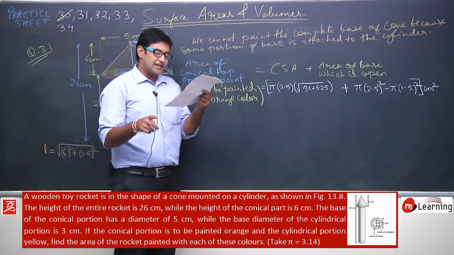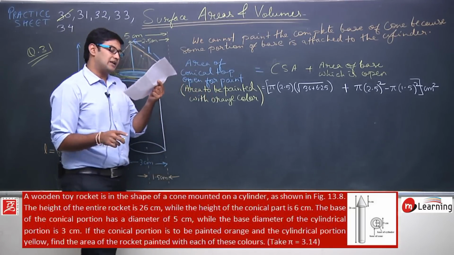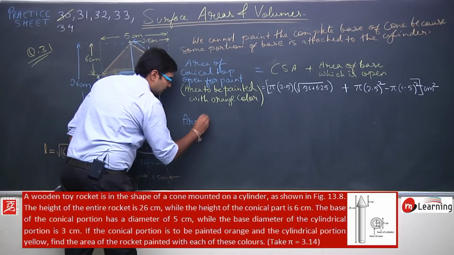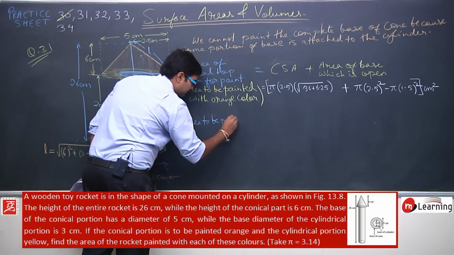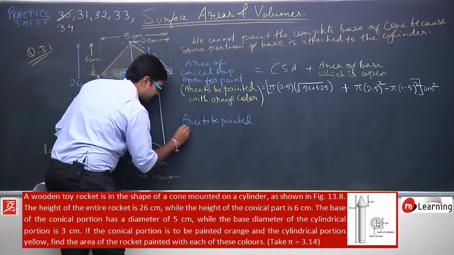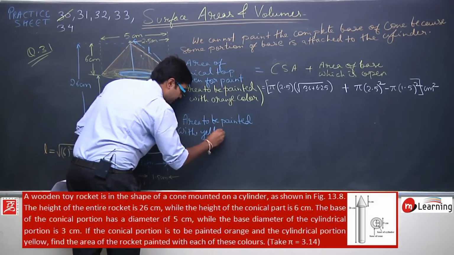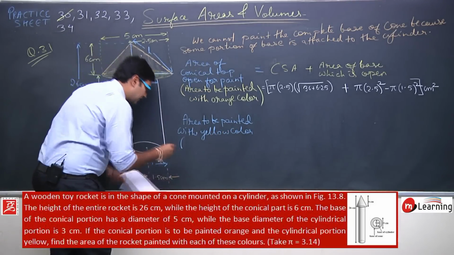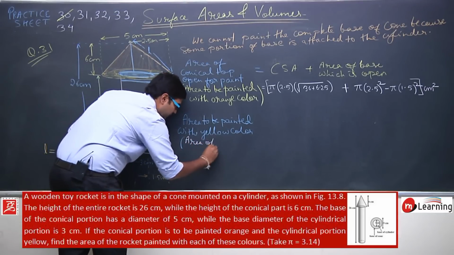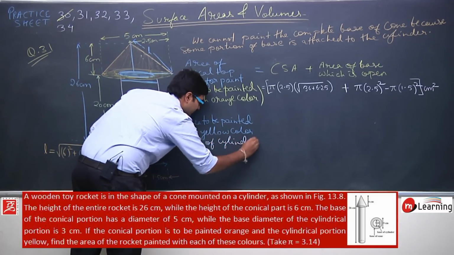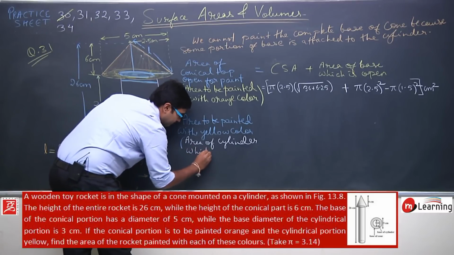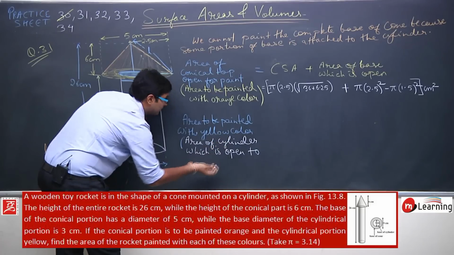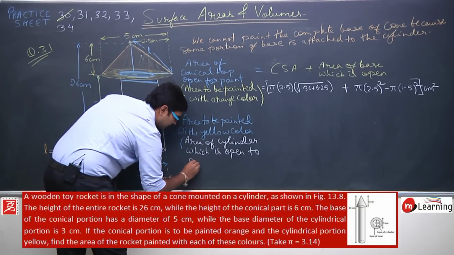Now the second thing I need to calculate is the area that needs to be painted with yellow color. So what is the area to be painted with yellow color? Area to be painted with yellow color is basically area of cylinder which is open to atmosphere or to the surrounding.